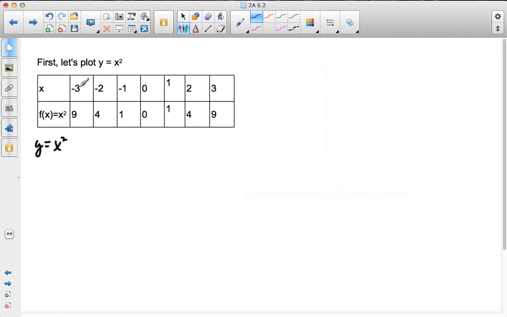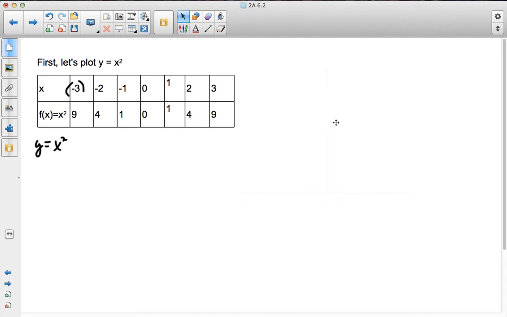So if I have my input of -3 for x, my output is going to be 9, because -3 squared. Remember, when you square these, you're thinking about it in parentheses outside those values. So that gets me 9. -2 results in +4, -1 is 1, and then the rest continues.